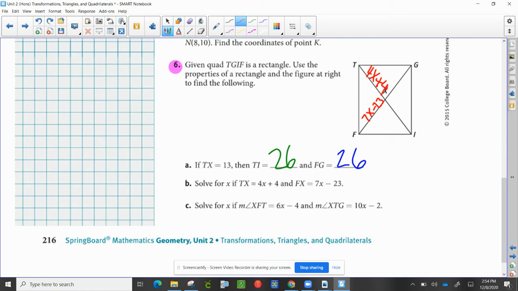So what that tells me is that all my segments in here are all congruent to each other. If they bisect each other, they give you 4 congruent little parts. So to set this up, all we'd have to do is set these equal to each other. This is for B. So we have 4x plus 4 equal to 7x minus 23. So can you guys solve that for me and go ahead and finish this problem? Okay. If you solved everything correctly, you should have gotten that x was 9.